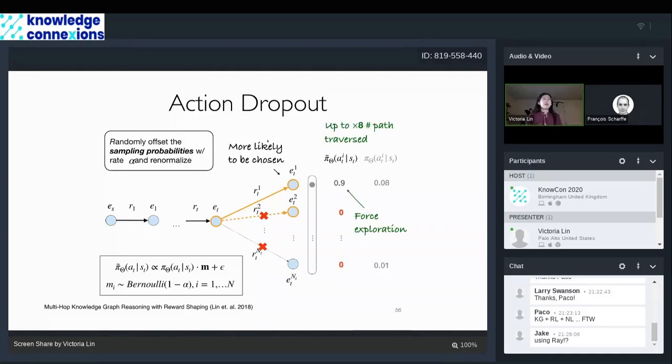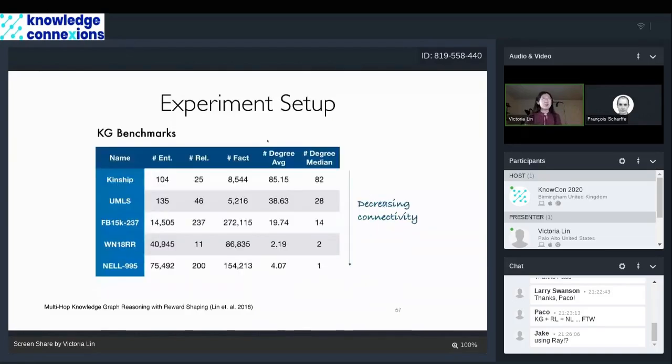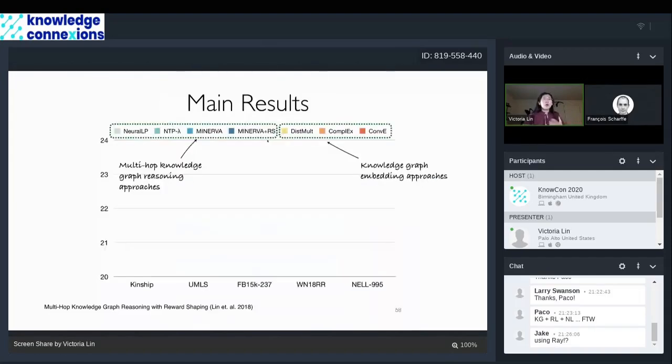With these two techniques, we evaluate our algorithms on several KG benchmarks, as shown here. The benchmarks come from very different domains, and they are widely used in the community. They also demonstrate different degrees of connection and different scales. So we compare our method, combining reward shaping and action dropout, with two groups of algorithms.